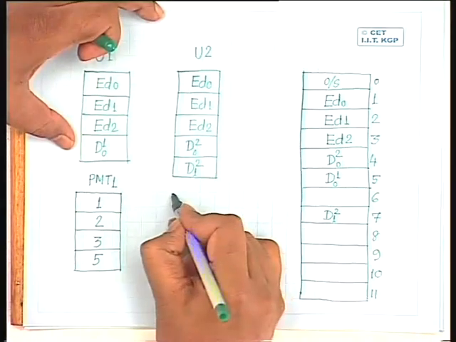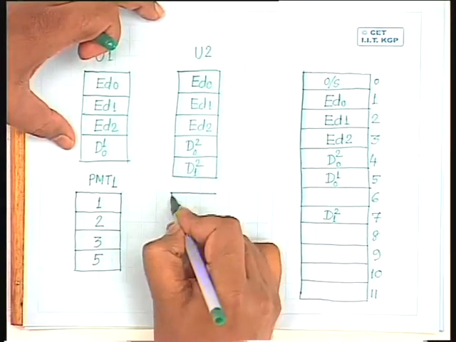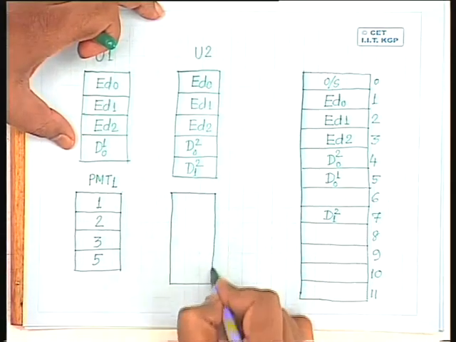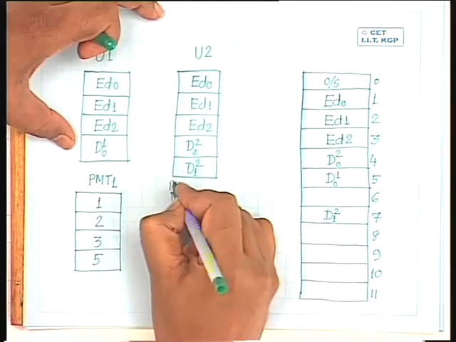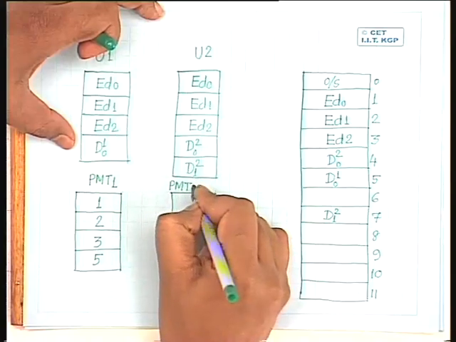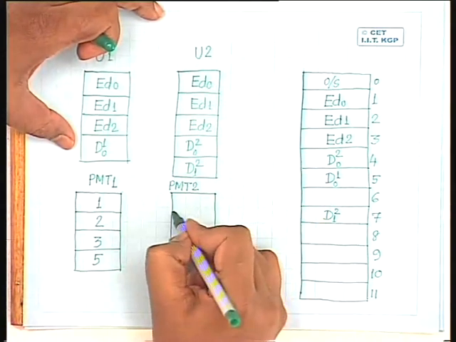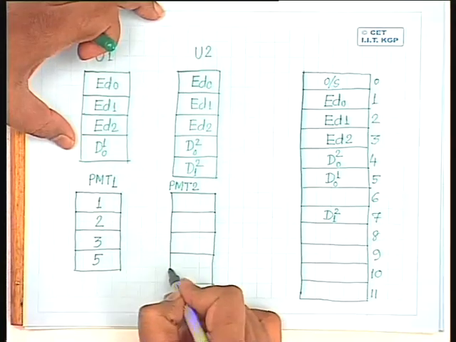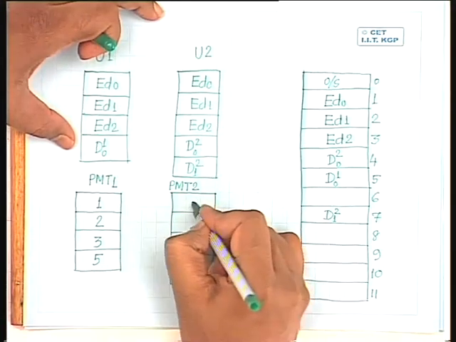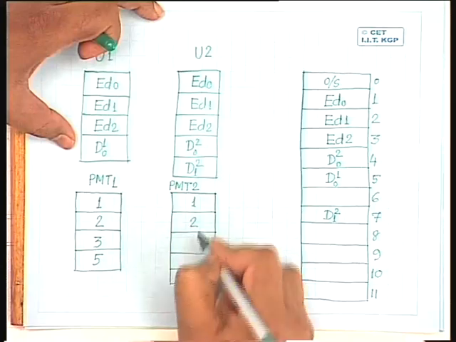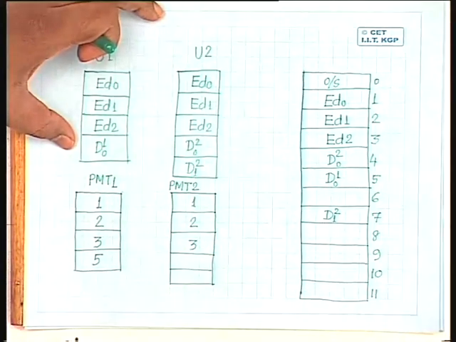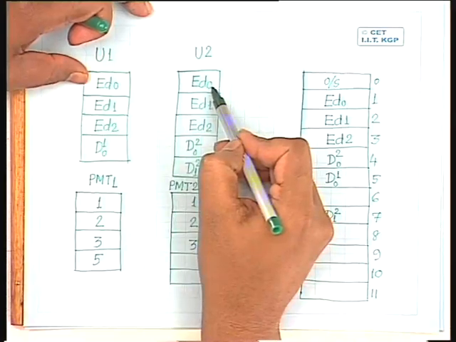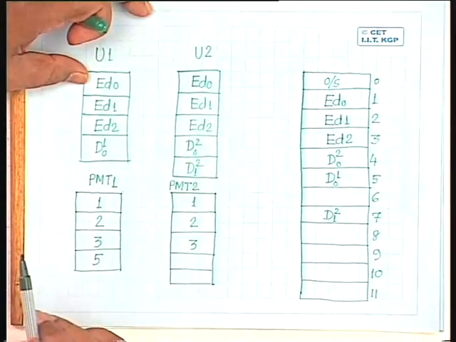Okay. Similarly, the page map table of user program 2, that is PMT2, has 5 different pages, so it will have 5 entries. The first 3 entries should be identical, because page number 0 of user program 1 is the same as page number 0 of user program 2, and both of them are ED0.